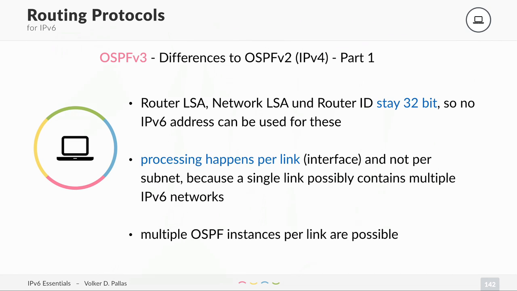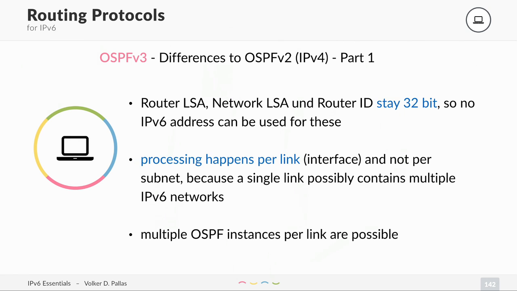The processing of OSPF messages happens per link or per interface and not per subnet like in IPv4 because, like you know, a single link can contain multiple IPv6 networks. It's not like in IPv4, you only have one network per link. No, you can have multiple. So you have to do the processing per network.